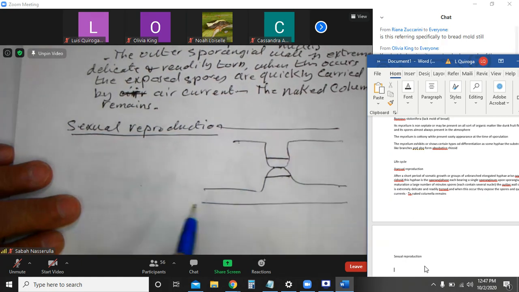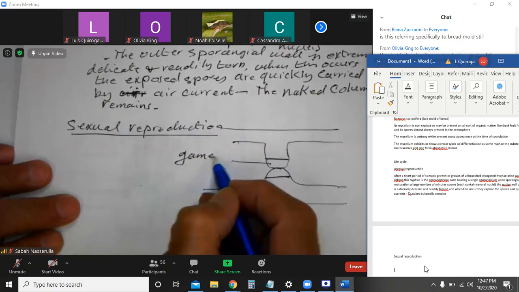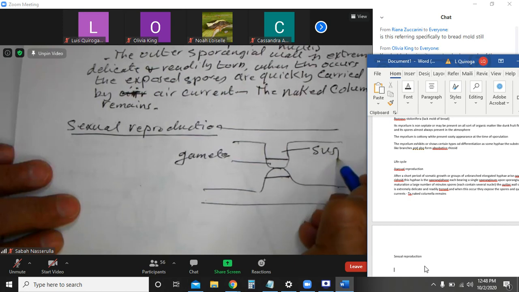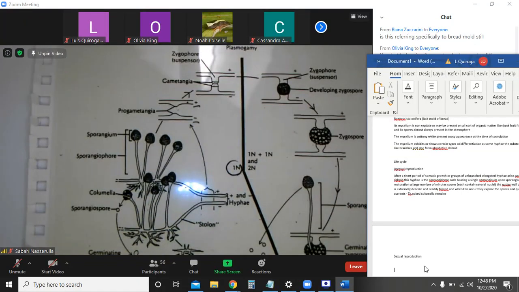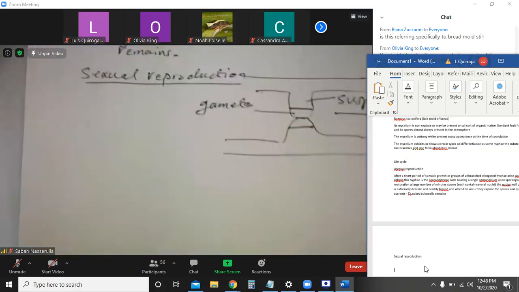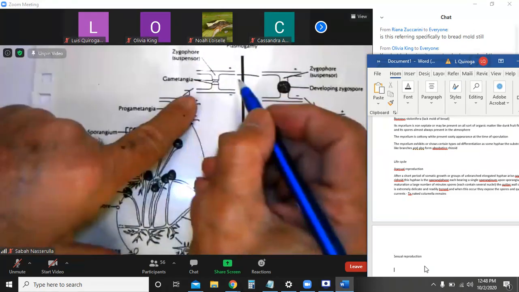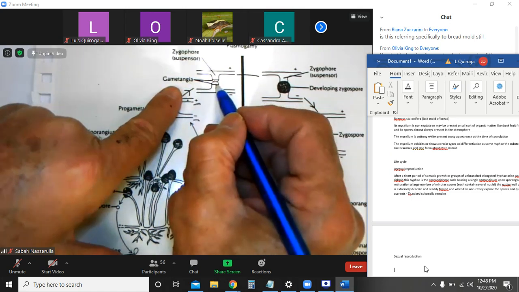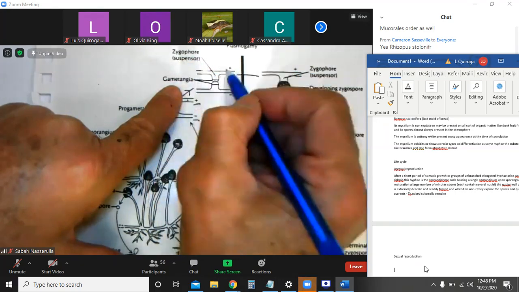When the septa develop, this is known as gametangia now, and this part we call the suspensor. Did you follow that? I think I showed you here. So basically that's what happened. When they touch, the septa form, and now we call them gametangia, which is plural here, and this is the suspensor.